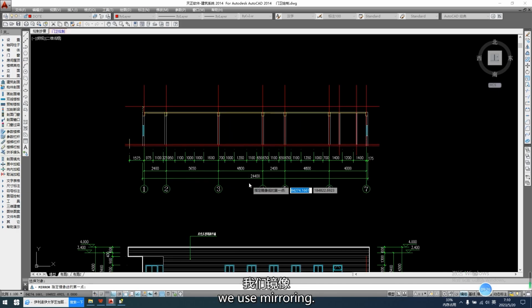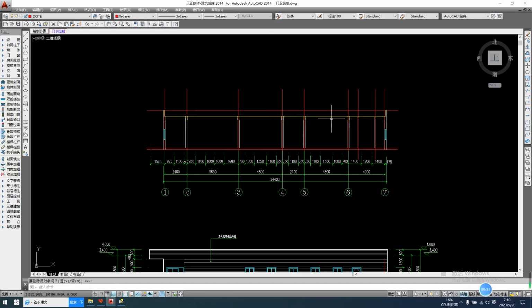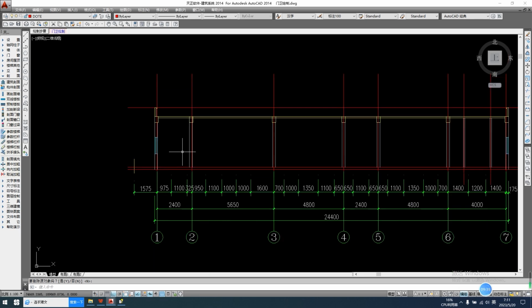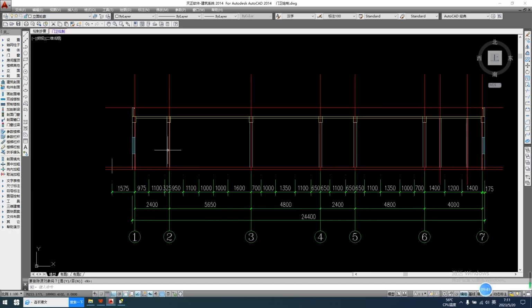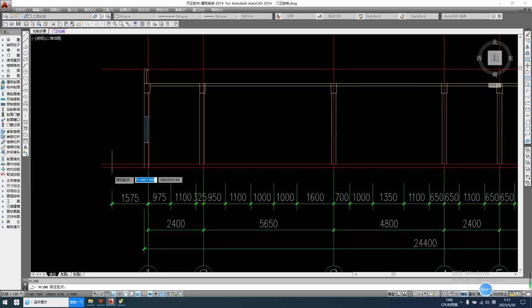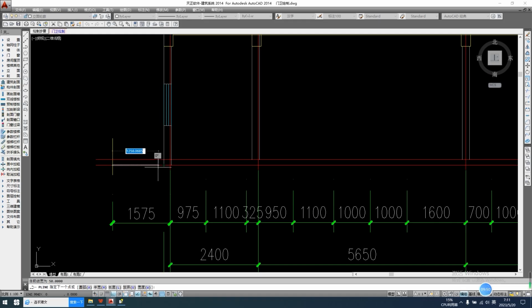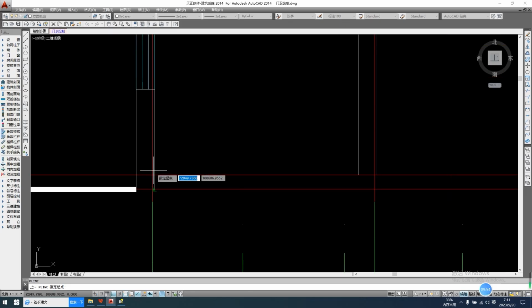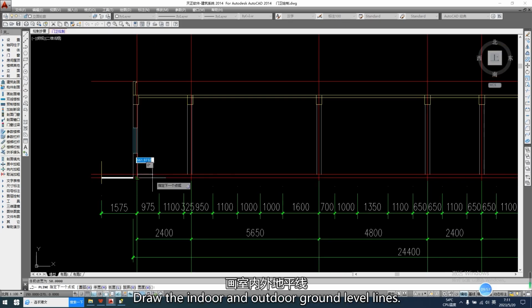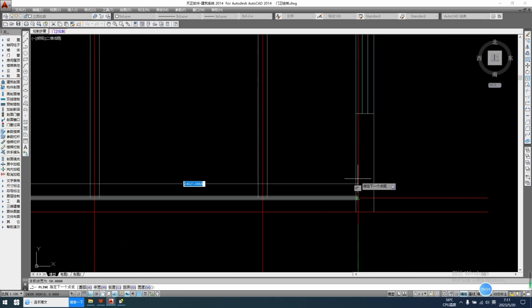On the other side, we use mirroring. Draw the indoor and outdoor ground level lines.